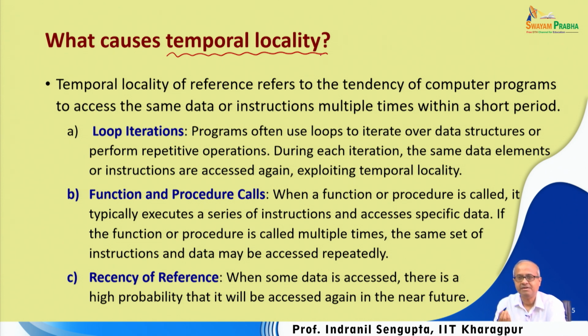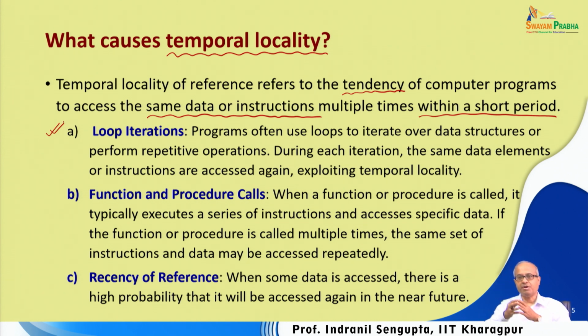As I said, temporal locality is the tendency of computer programs to access the same data or instruction, which means the same memory location, repeatedly or multiple times within a short period of time. There are several reasons why this may show up in a program. Most important is loops and iterations.